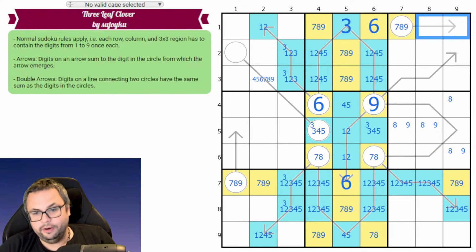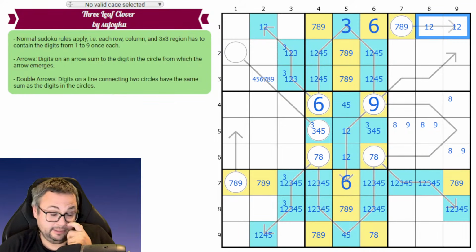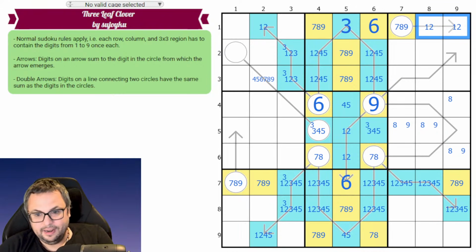Okay, so these are a 1, 2, and a digit that's much larger than that. 5, 7, 8.